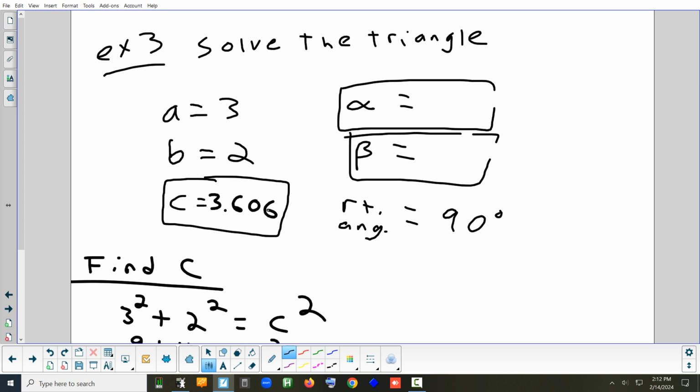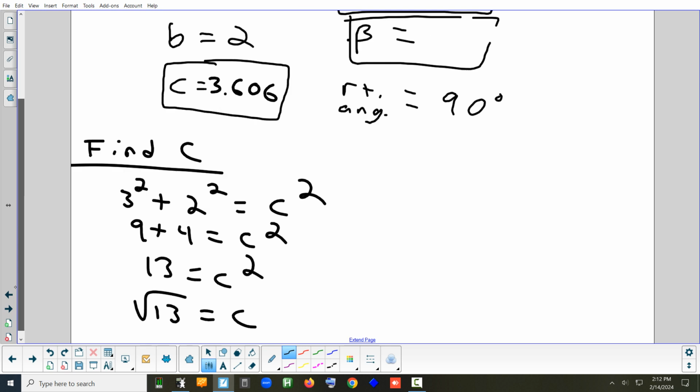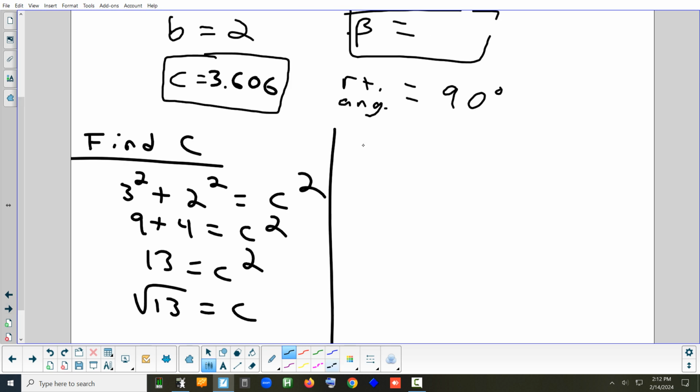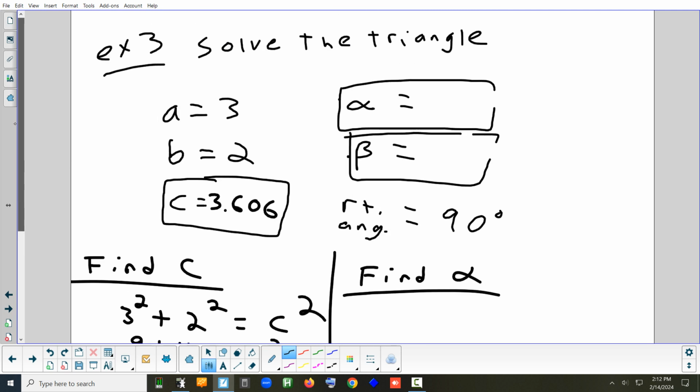All right, you pick what we do next. Alpha or beta, it doesn't matter. Alpha. Okay, so let's find alpha. What's the angle I'm using this time? We don't know the number, but we know the name: alpha.